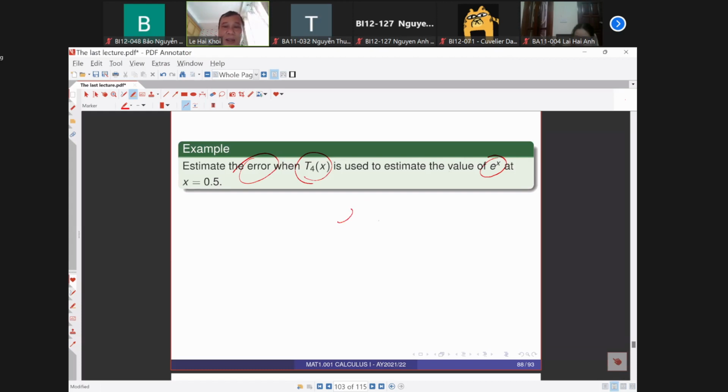Nếu tôi muốn e mũ x coi như là bằng t4 của x với cái điểm x ở đây là 0.5 thì error là bao nhiêu? Đấy. Tôi dùng t4 thì cái xấp xỉ này sai số là bao nhiêu? Nếu tôi dùng t1000 chắc chắn là sai số nó bé hơn rất nhiều so với sai số này.